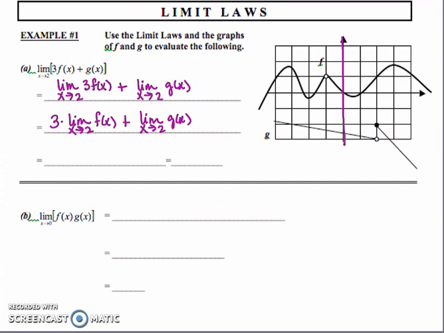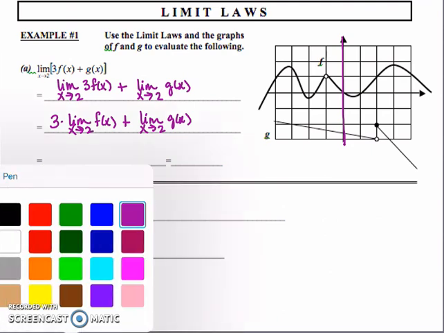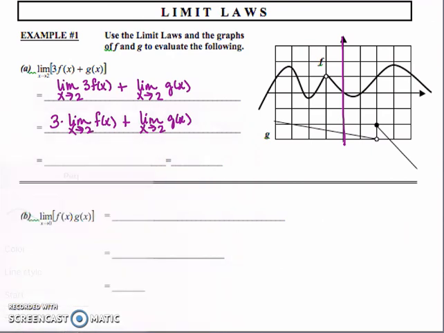So when we're looking at our graph here, there are two functions. There's the f function, which is on the top, and then there's the g function, which is on the bottom. So first we're doing 3 times the limit as x approaches 2 of f of x. So here f of x is on the top, and 2 would be right here. So the limit as x is approaching 2, looks like this is 2, appears to be right here, right?